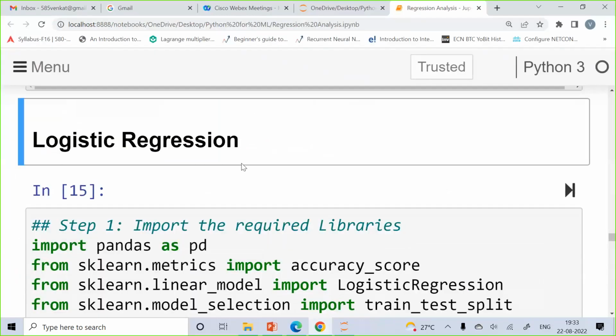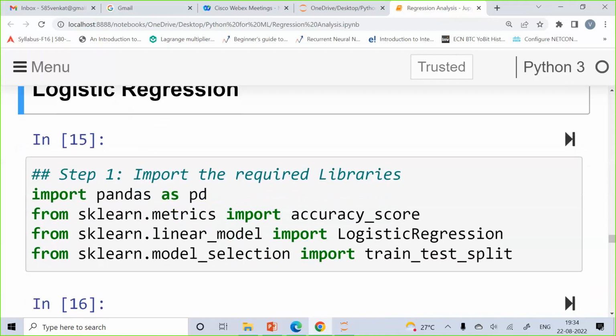So we'll quickly go through the logistic regression model implementation and then wind up the session. Do you remember the 6 steps? Import the required libraries, load the data set, prepare the data set, split the data set, build the model, and then predict and evaluate.